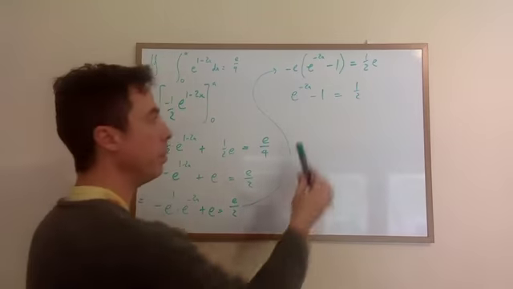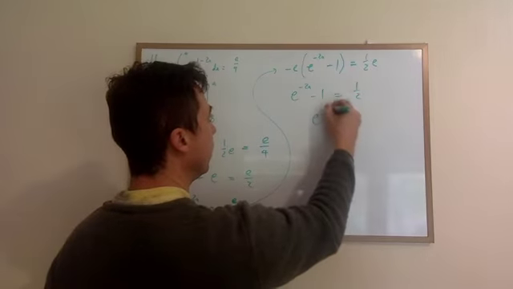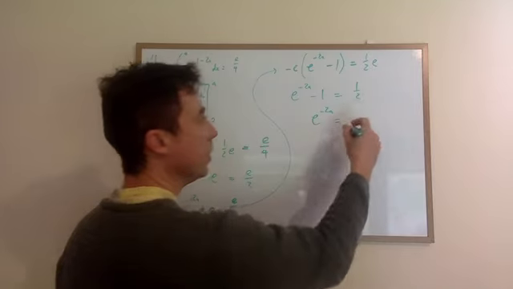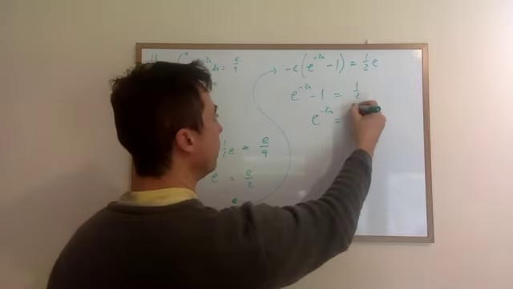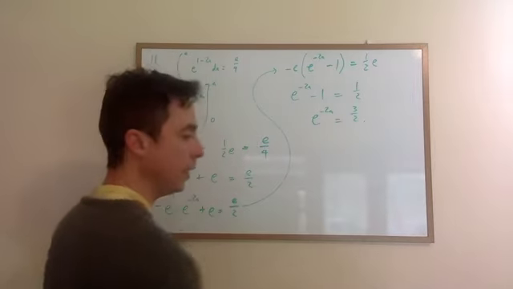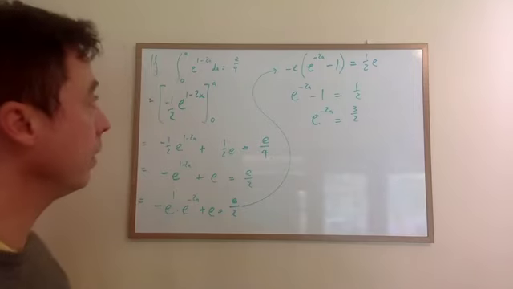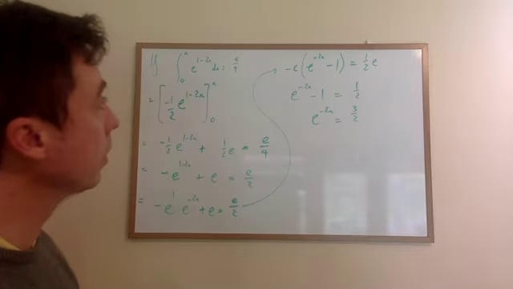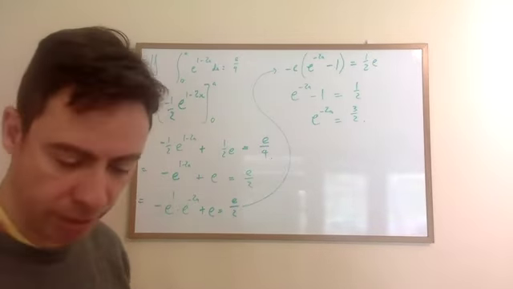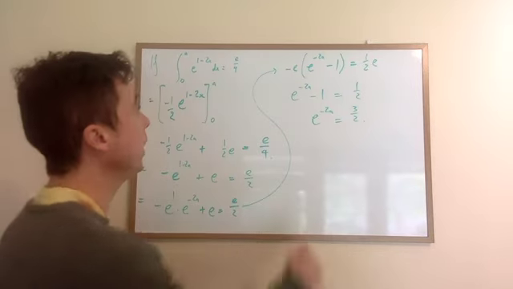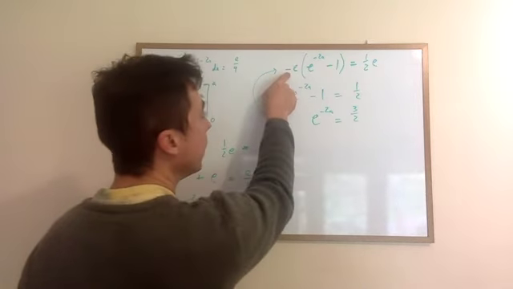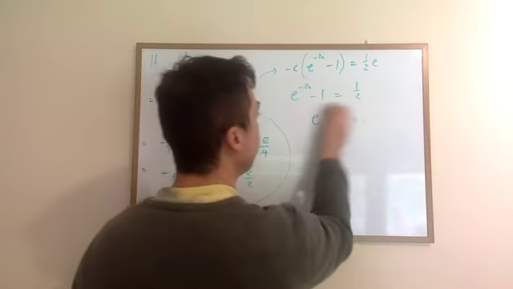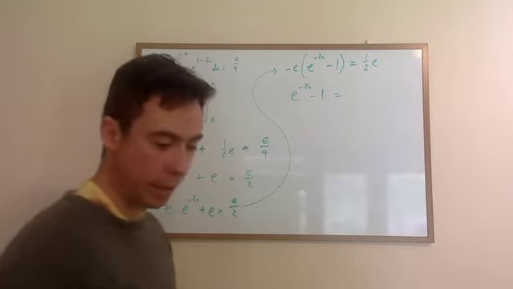So let's add 1 to both sides. Why would you leave that alone? You wouldn't. And now to solve this, I'll need logs. Oh, hang on, so I've made a mistake. When I divided by e, that was still negative. Let me fix that. Sorry.